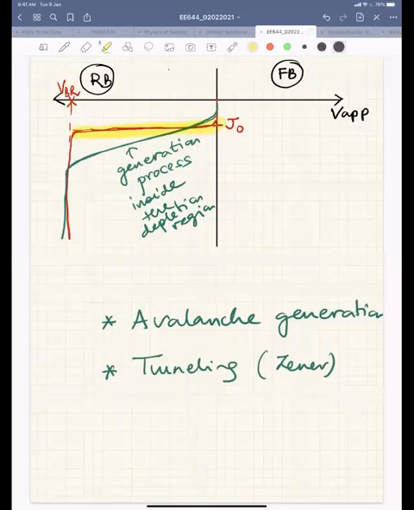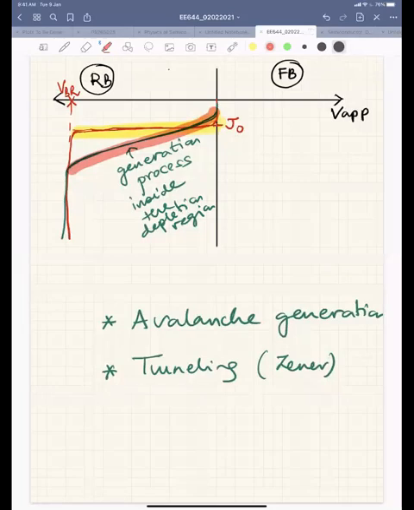But as I told you, as you go on increasing your reverse bias, the electric field is increasing a little bit, so there is a possibility of generation. So your reverse saturation current has a finite slope. It is not constant. That slope depends on the semiconductor material.